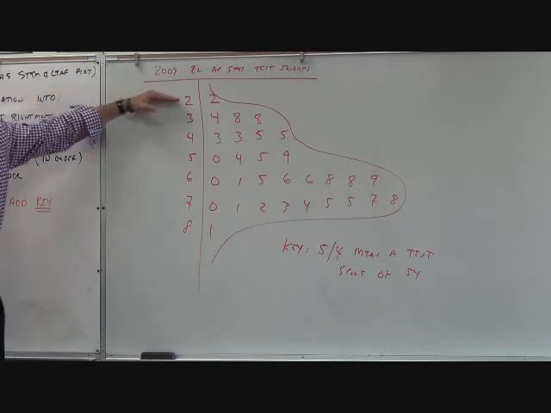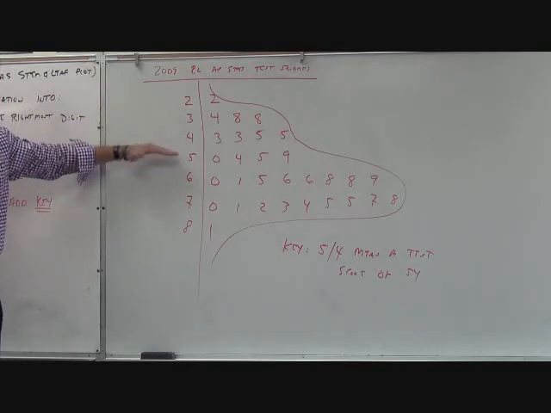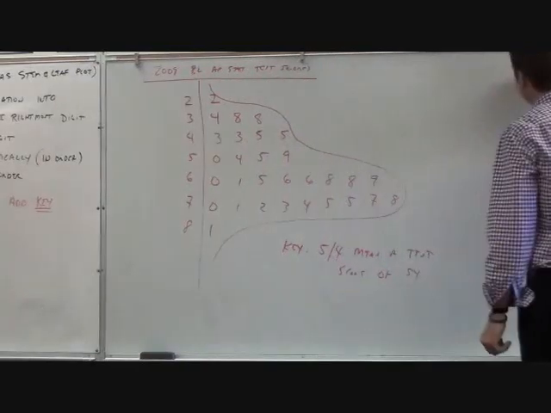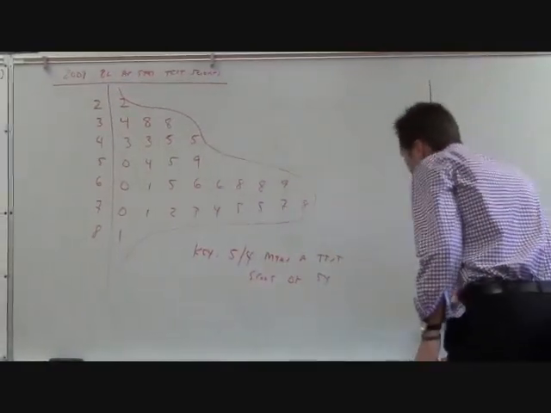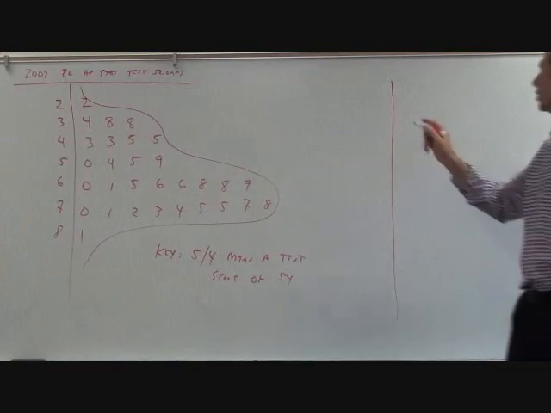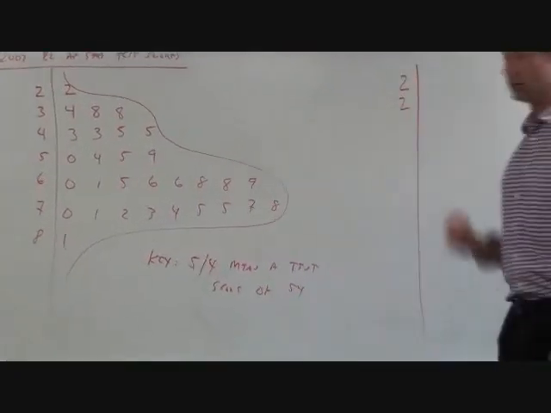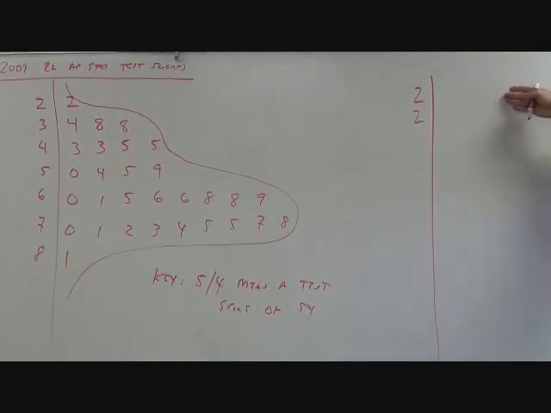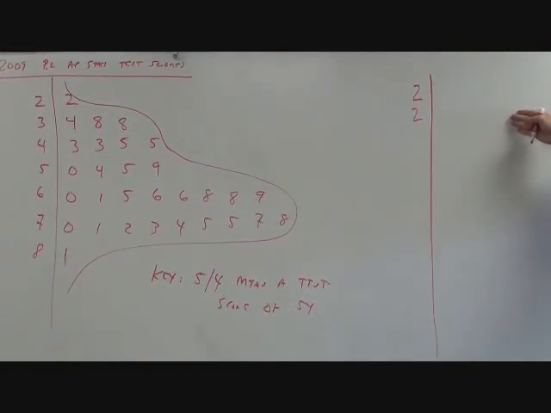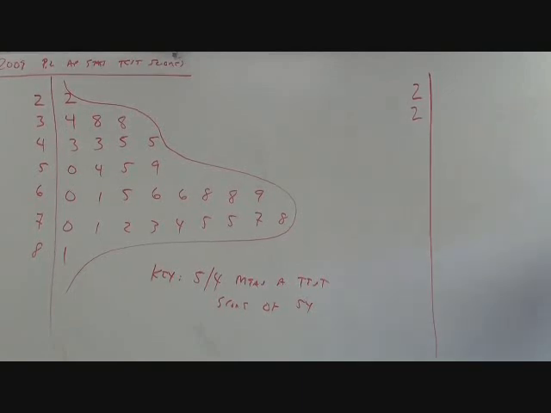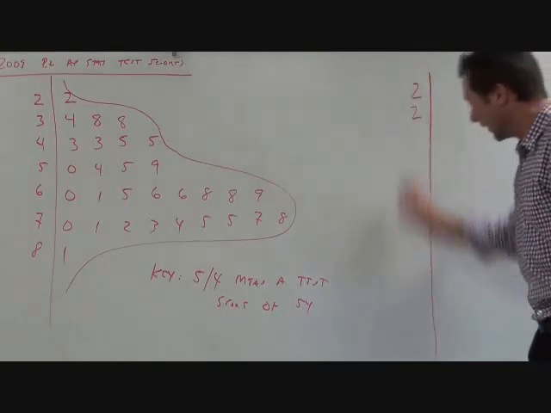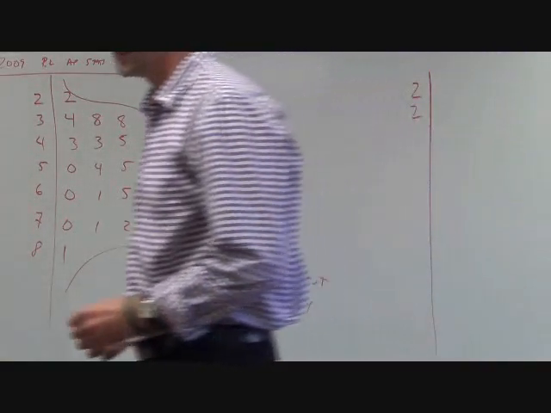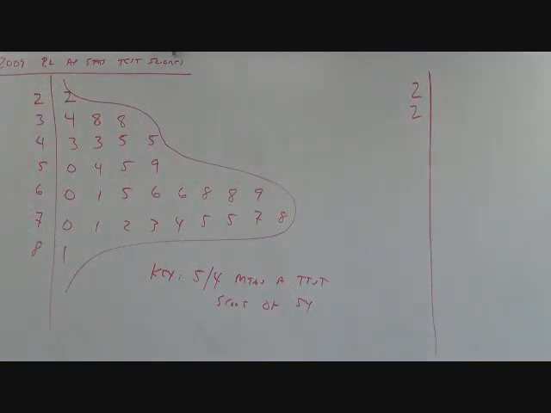Instead of putting all of the 20s here, and all the 30s here, and all the 40s here, I can break it out into a double stem. A lot of people get confused on this, so let's see if you understand it. So I'll put two 2s here, and then all of the 20 through 24 go here, and the 25 through 29 go here. Okay, fill out your stem, and then start putting numbers in and see what it looks like.